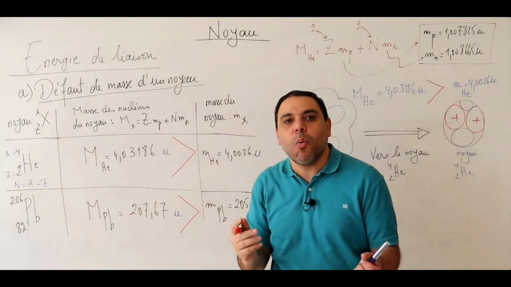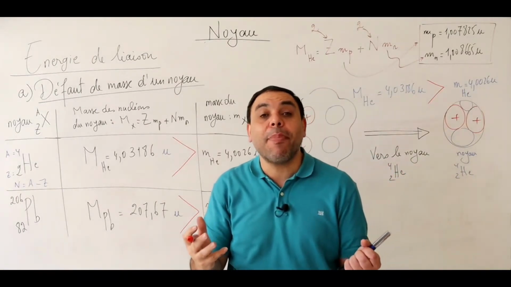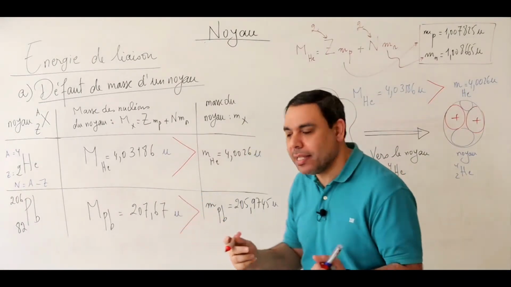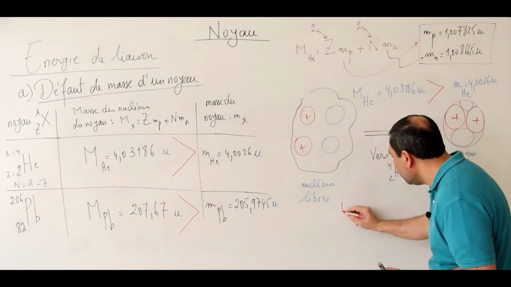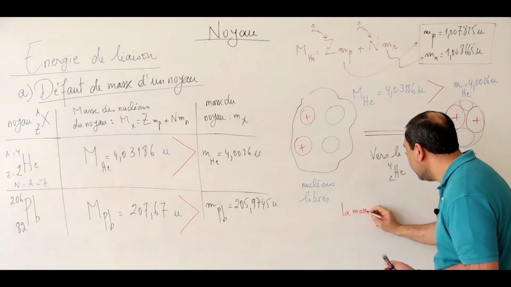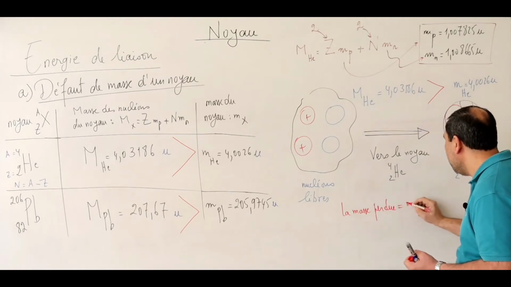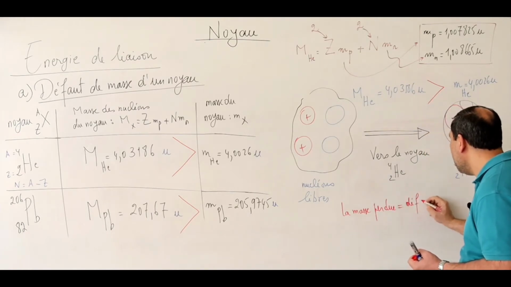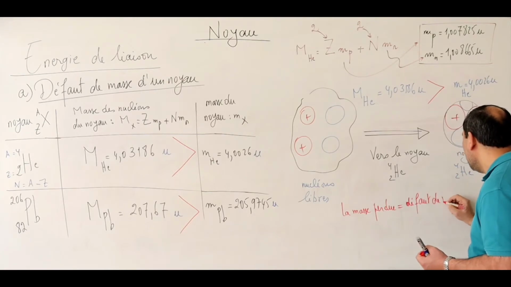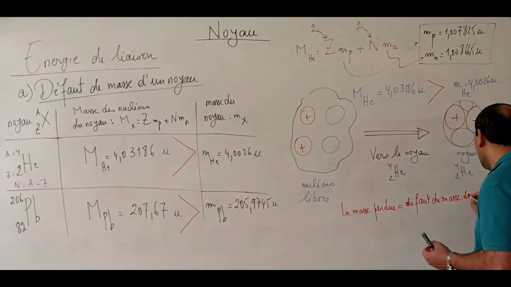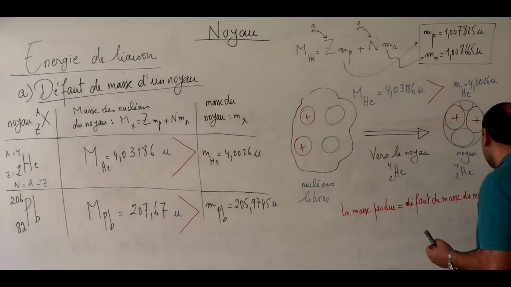This loss in mass is called the mass defect. The mass defect of a nucleus is equal to the loss in mass.